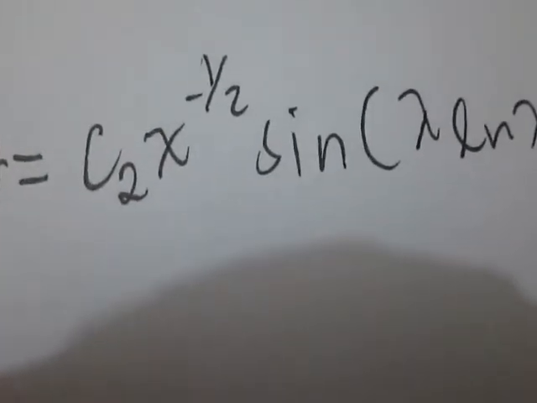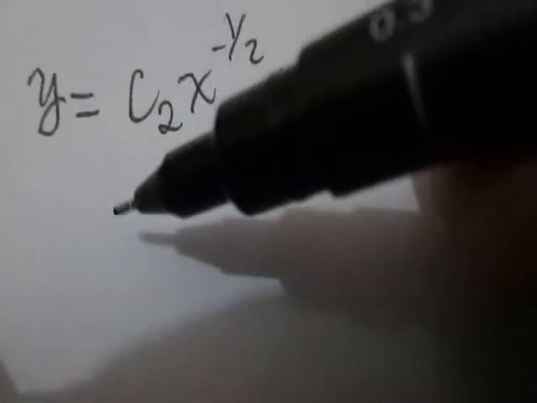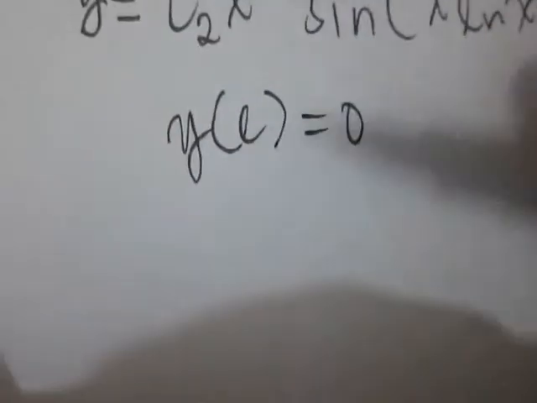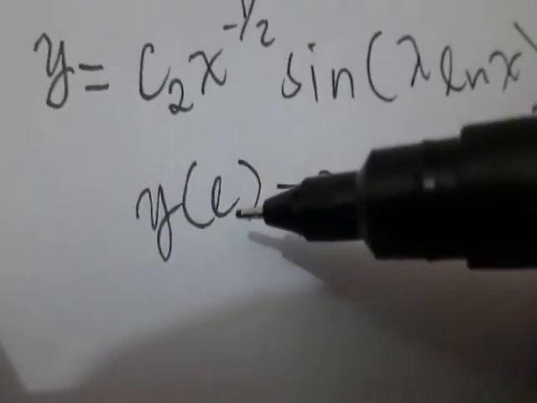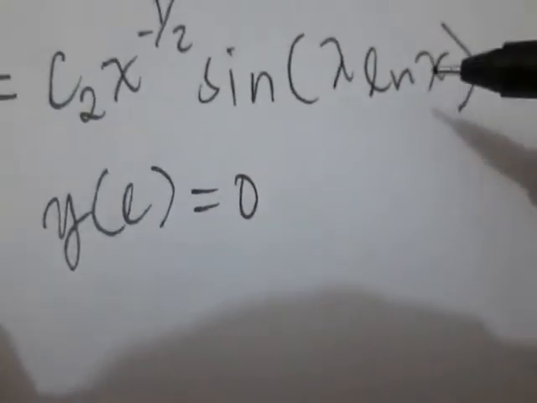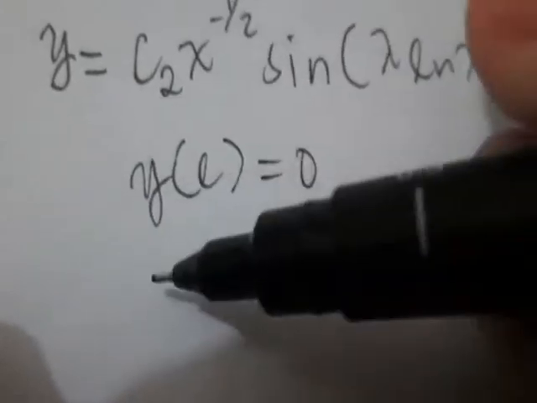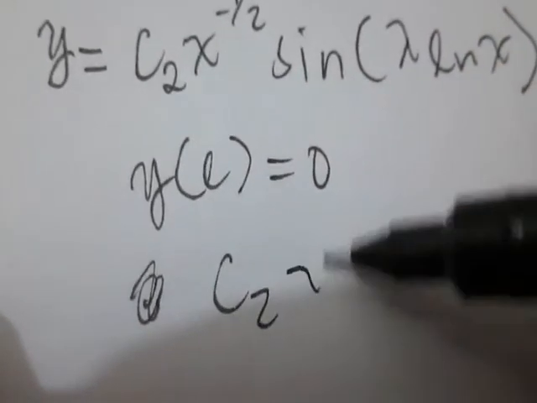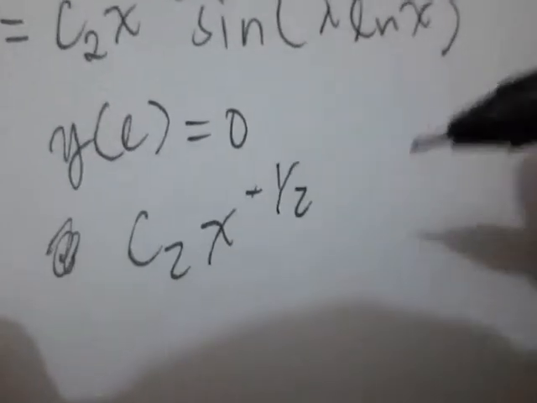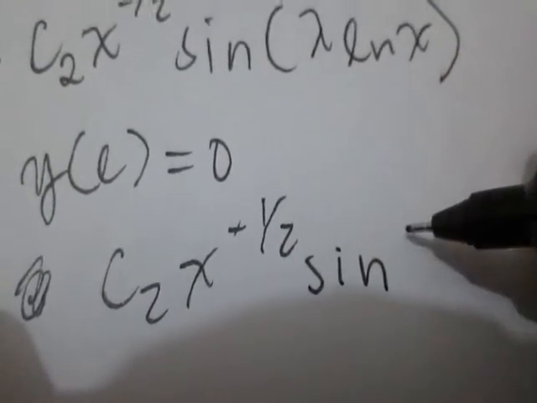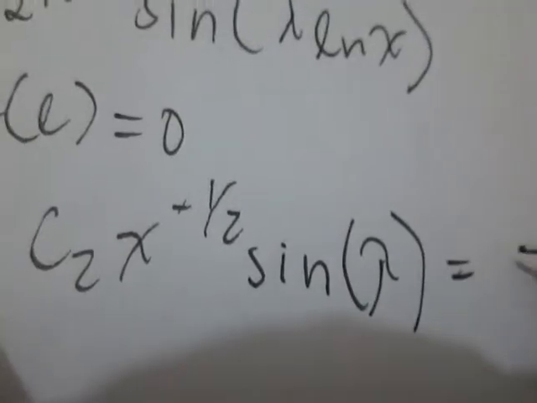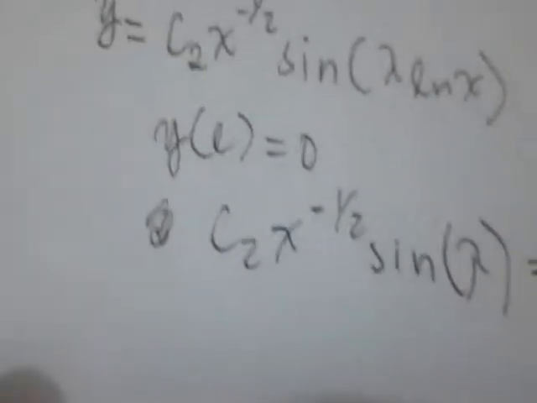Then we have the condition that the value of y when x equals e is 0. So substituting e for x, we have c2 times e to the negative 1 half times sine of lambda, and ln e equals 1, so we have only sine of lambda equals 0.